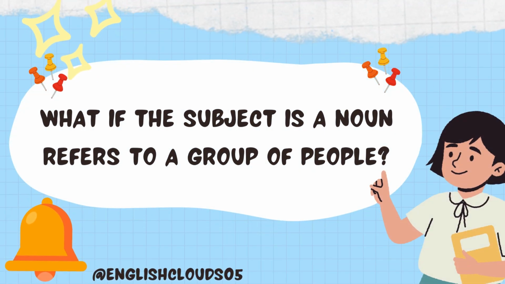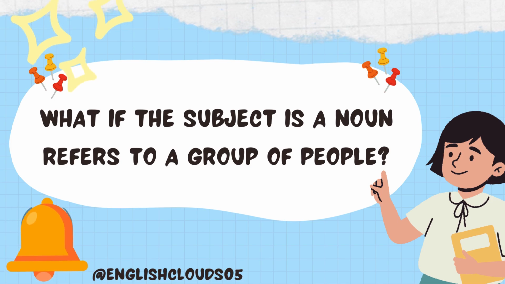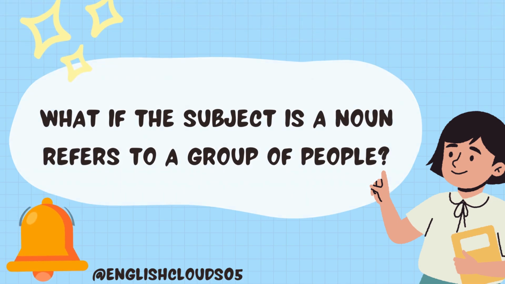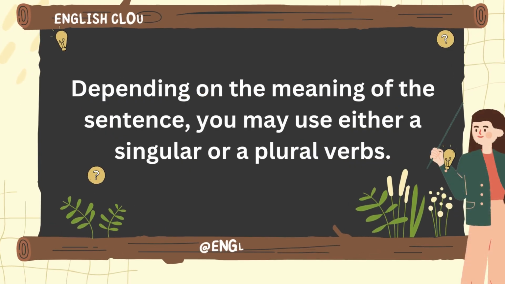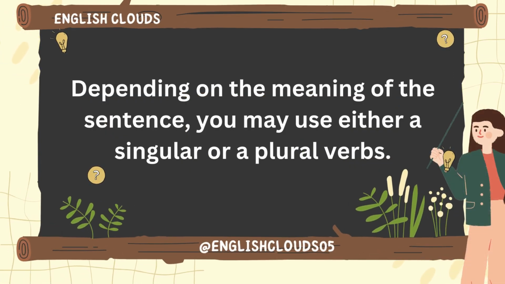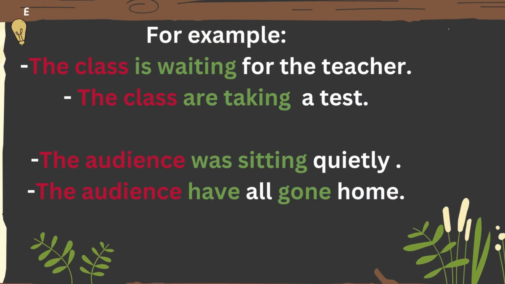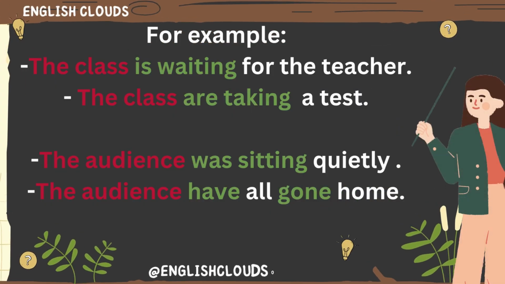What if the subject is a noun that refers to a group of people? Depending on the meaning of the sentence, you may use either a singular or a plural verb. For example, the class is waiting for the teacher.